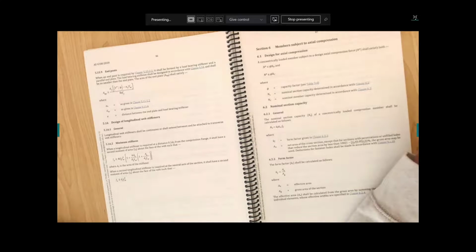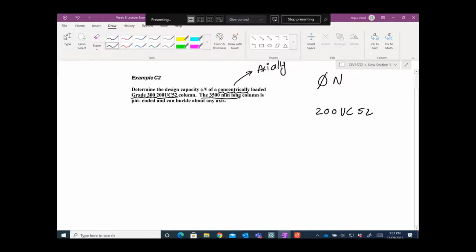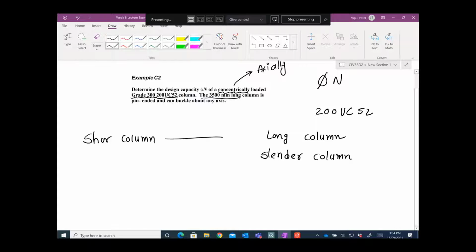Now look, in the standards there are two kinds of columns: short columns or long columns. Sometimes some books use the word slender columns as well. Short columns generally fail only by local buckling.